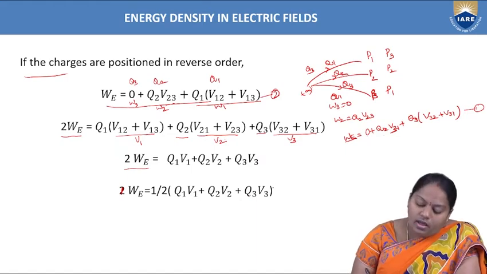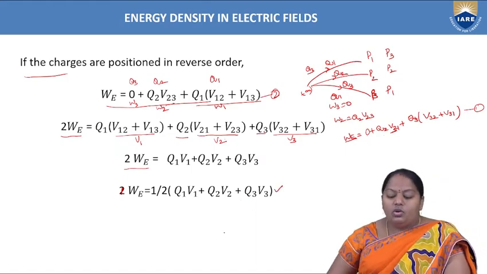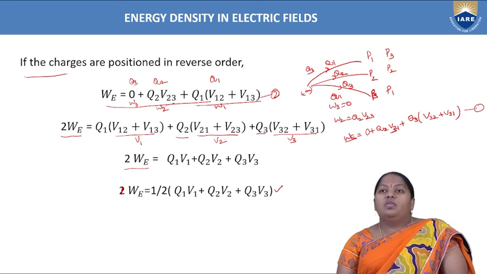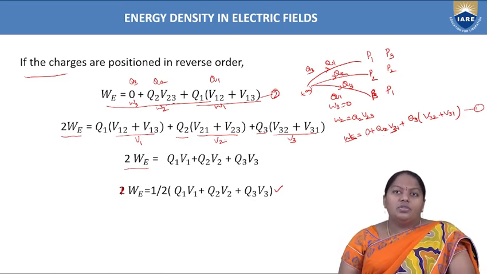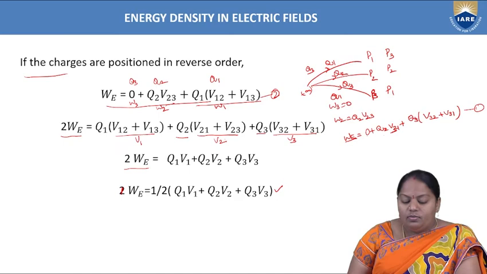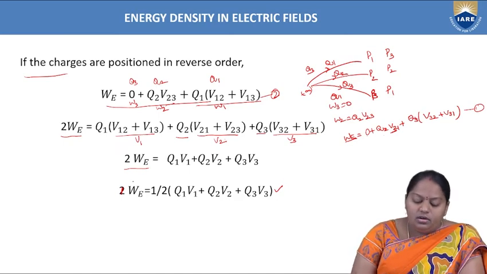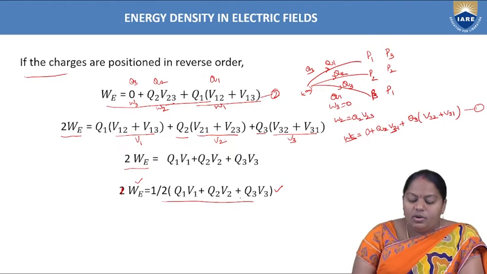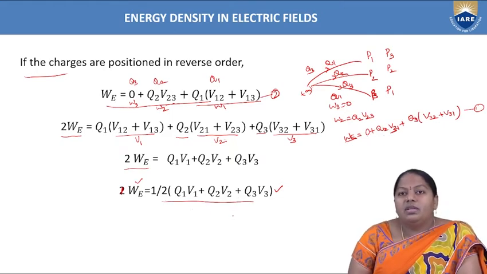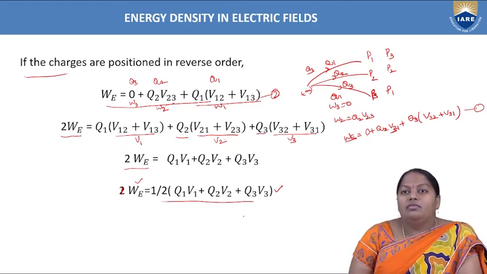So if you have 3 point charges Q1, Q2, Q3 to assemble at P1, P2, P3, or if they are positioned in the reverse order, then the work done to assemble the 3 point charges must be calculated as 1 by 2 into (Q1 V1 plus Q2 V2 plus Q3 V3).